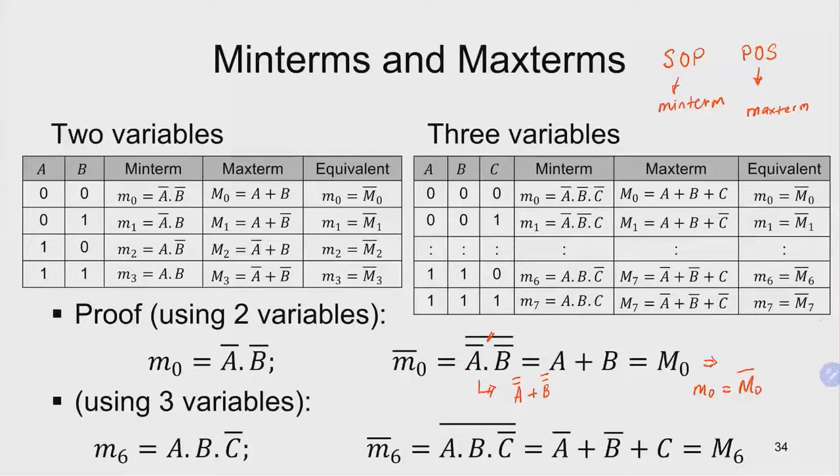The minterm of the three variables is A bar and B bar and C bar. And then the maxterm is A or B or C. And then the equivalence is the same between the two variables and the three variables. But the three variables will have more minterms because there are three variables, so there are 2 to the nth possibilities.